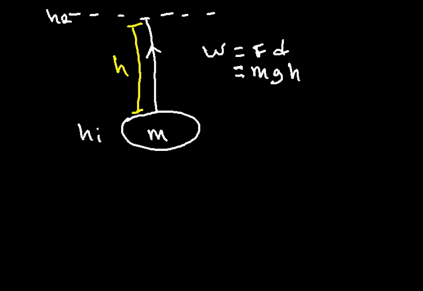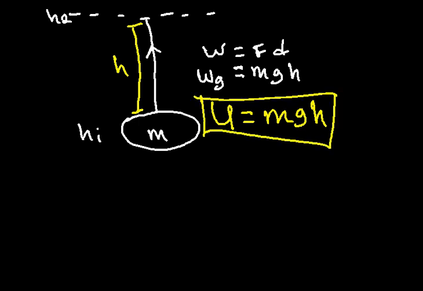So the work done due to the gravitational force is mgh. This work done carries another name, the gravitational potential energy, given as U = mgh: mass times acceleration due to gravity times the height of the object. This is the formula for gravitational potential energy.